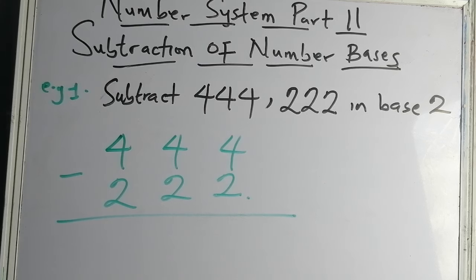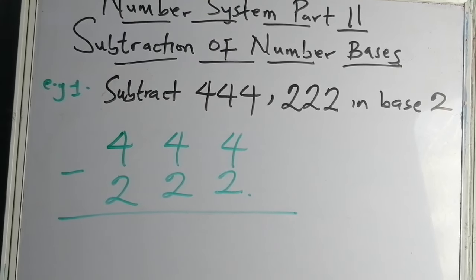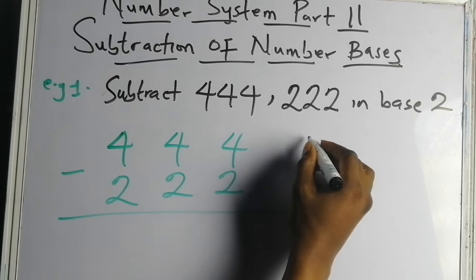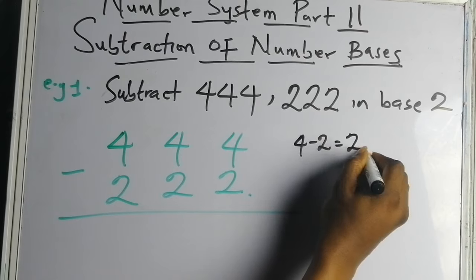So it means that at the end of the day, I cannot write the answer just like that because I'm working with base 2. Like I said, I can't just write the answer straight in base 2. So I have 4 minus 2, it will give me 2.